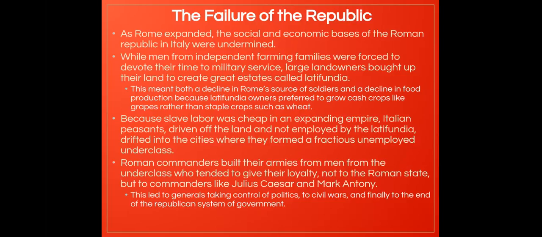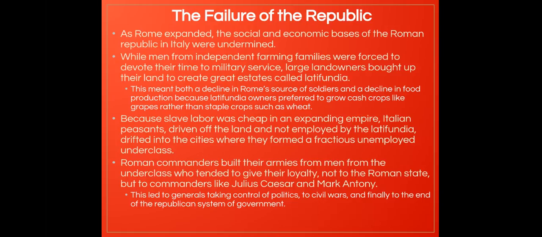As Rome expanded, the social and economic bases of the Roman Republic in Italy were undermined. More political pressure is being brought in after 146 BCE, which is also when Rome defeats Carthage for the third time. Eventually, rules begin changing, and soldiers have to own land to serve in the army.